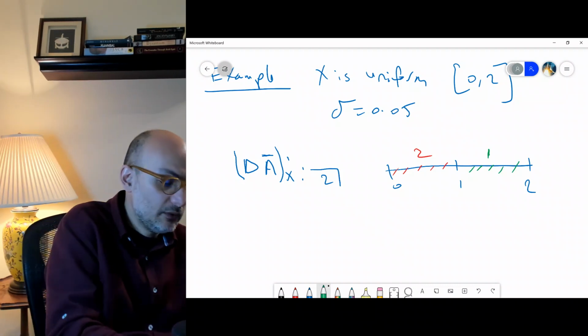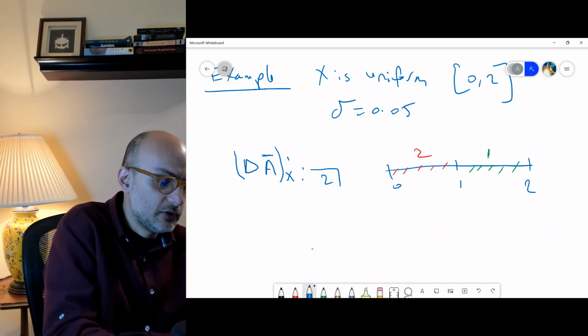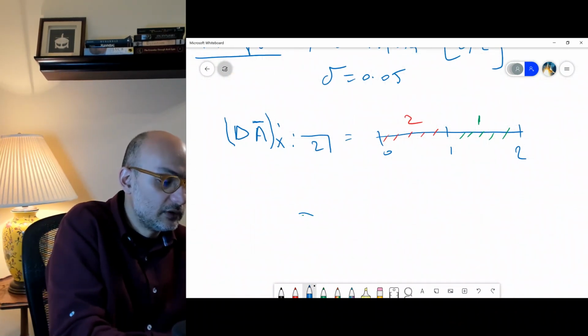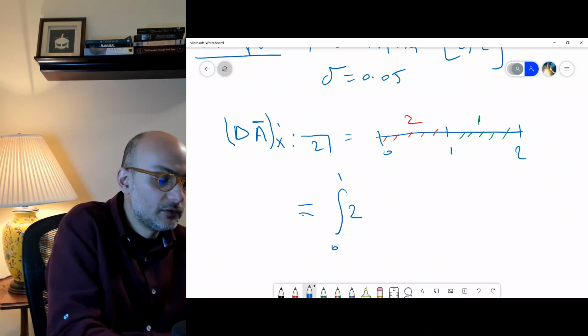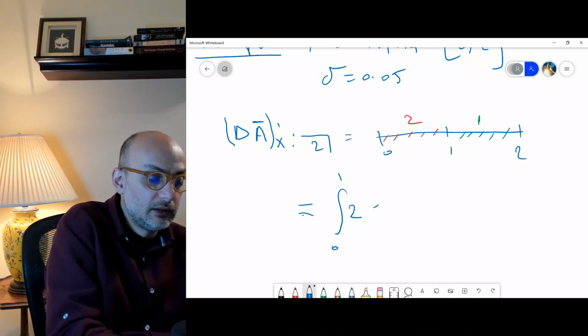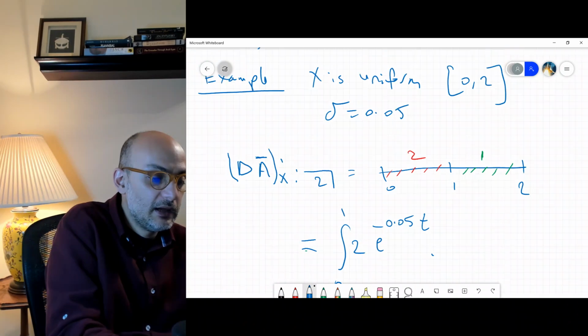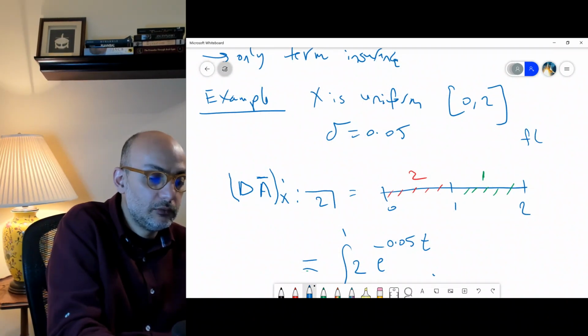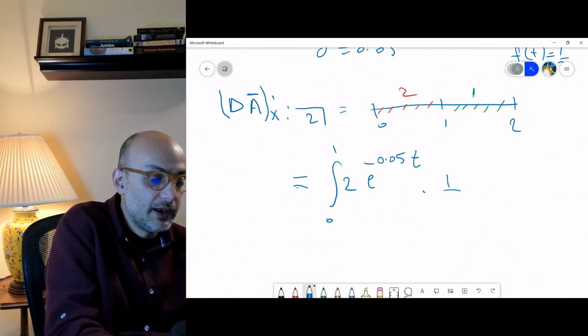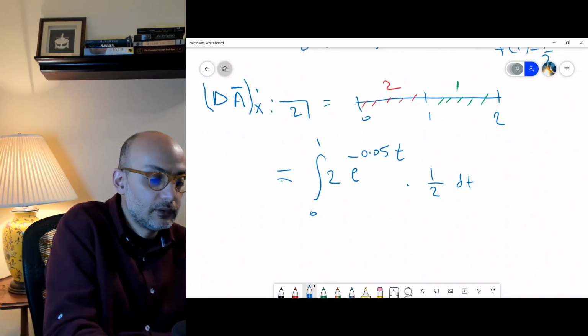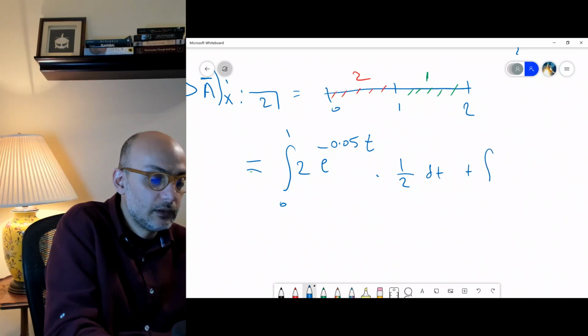So how did we evaluate this one? We use exactly the same logic we did before. We start from 0 to 1, the benefit 2, multiplied by e^(-0.05t), the force of interest, and because it's uniform, f(t) is equal to 1/2, so multiply by 1/2 dt, plus the same logic from 1 to 2.